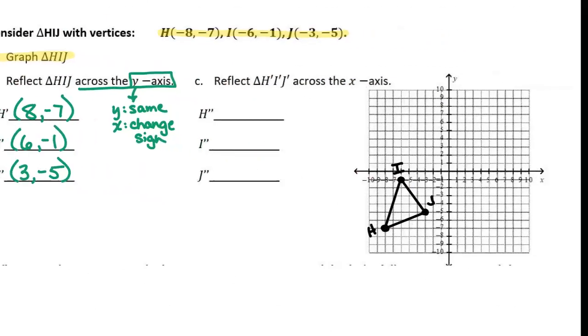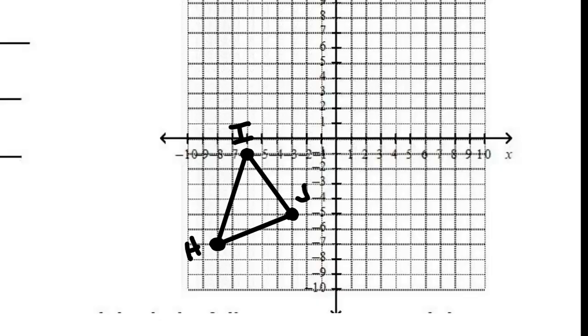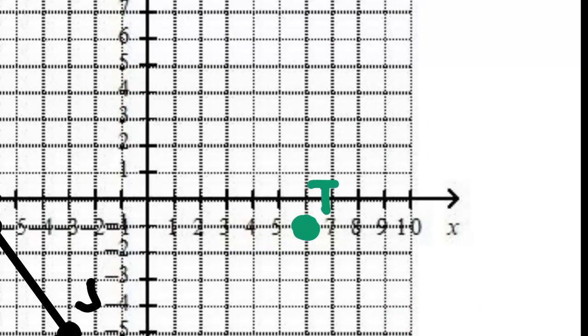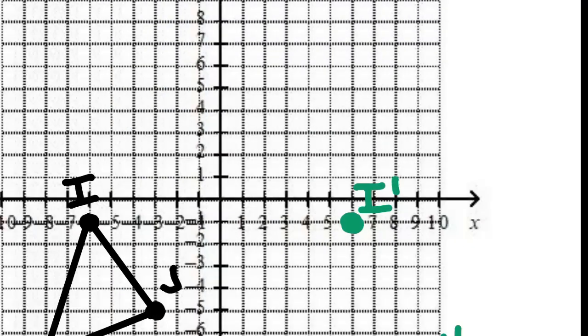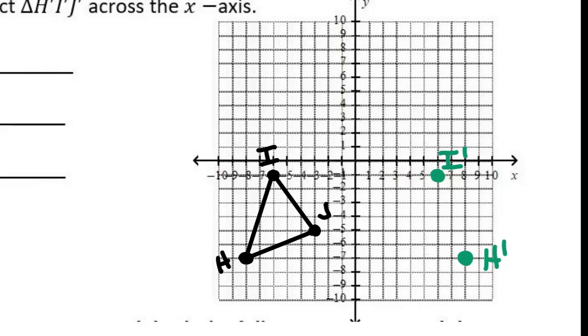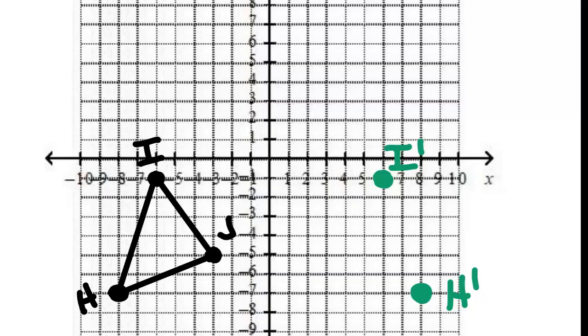So we're going to go plot all of those points. 8, negative 7. Right here is H prime. 6, negative 1. Right here. For I prime. And 3, negative 5.